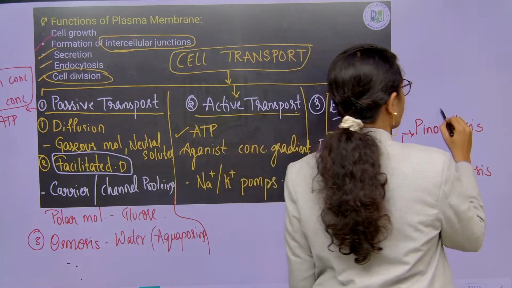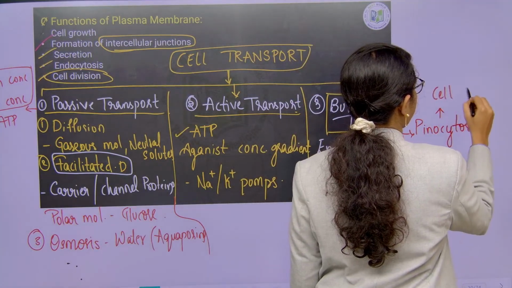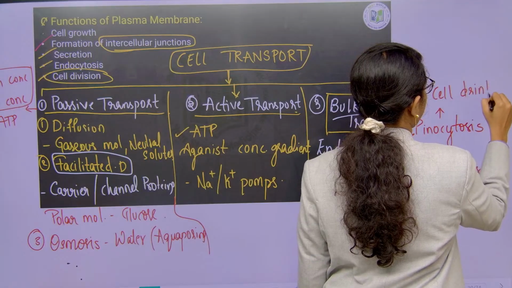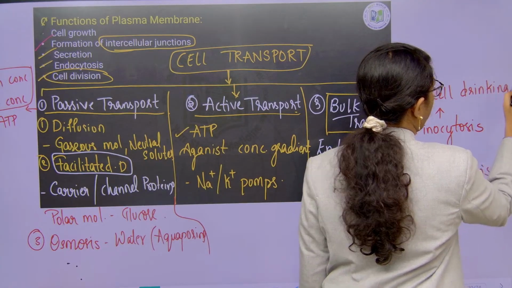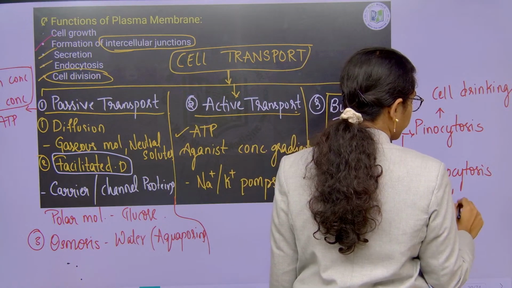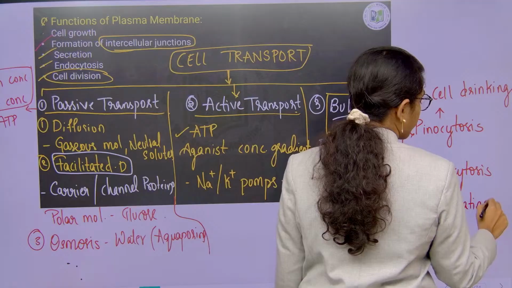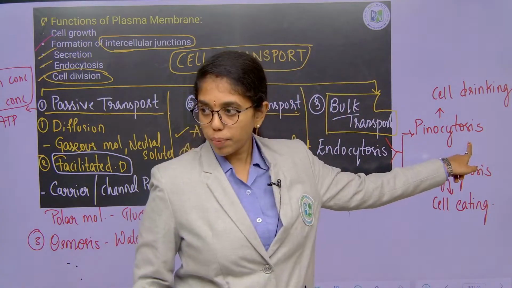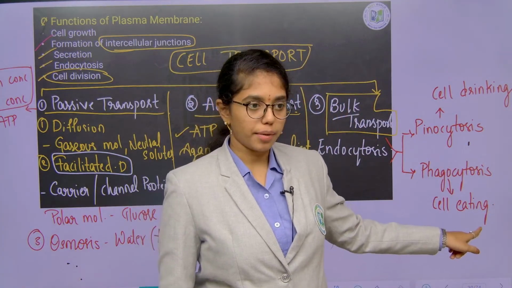Pinocytosis is also known as cell drinking. Phagocytosis is also known as cell eating. This is for liquid molecules, this is for solid molecules.